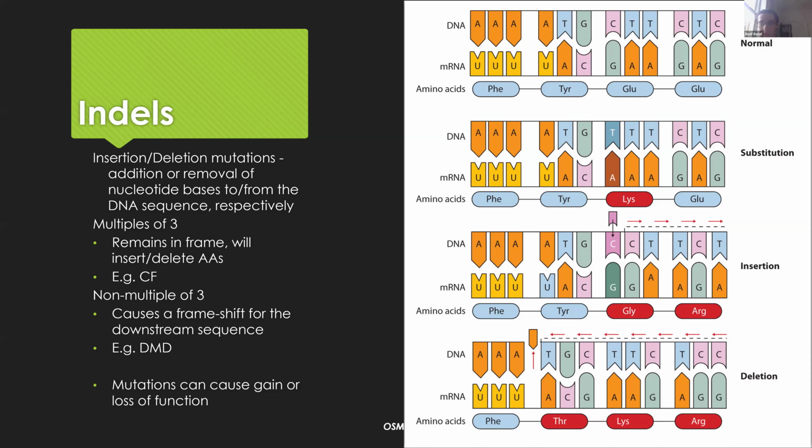So one of these conditions where this occurs is Duchenne's muscular dystrophy. This is an X-linked recessive disorder that mainly affects young boys. It's commonly caused by a deletion mutation in the gene that encodes for dystrophin. But this deletion causes a frame shift, which introduces a stop codon, so our nonsense mutation. This causes premature termination and degradation of the dystrophin protein.